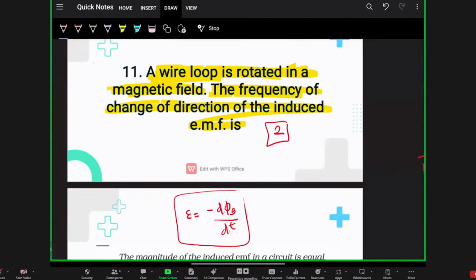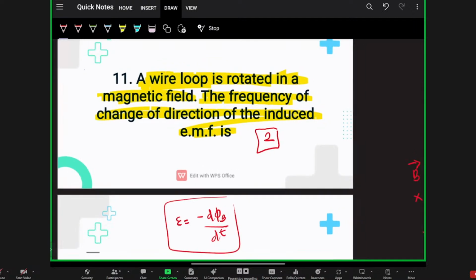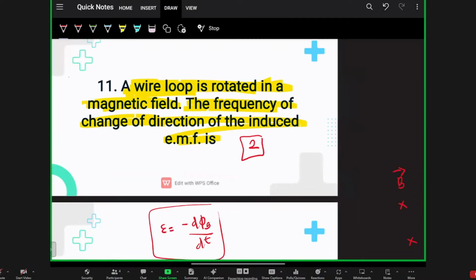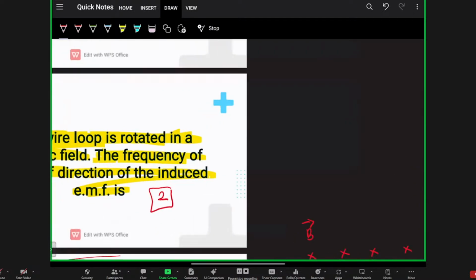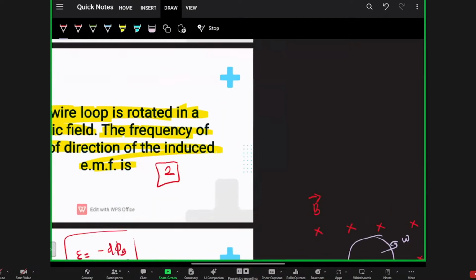Again, I am telling you, this is not about how much percentage physics we use in MBBS. Physics is very important for NEET, as important as biology and chemistry. Biology is easy; if you read NCERT very well, we can solve almost every question.